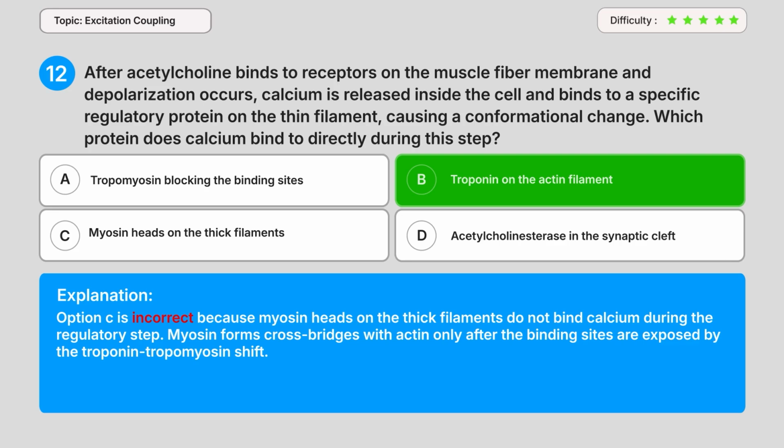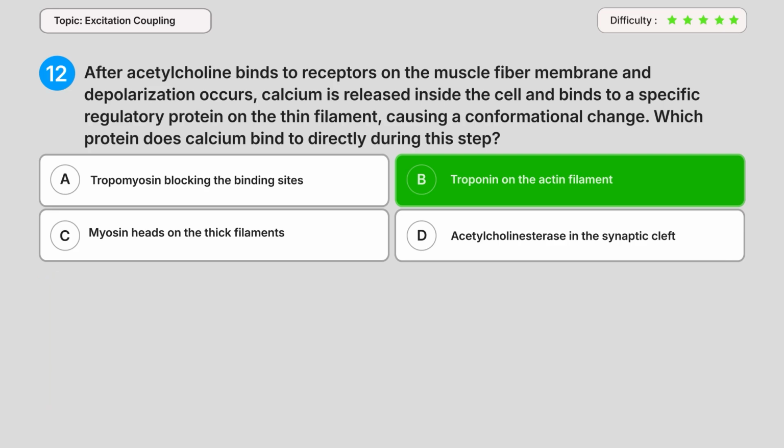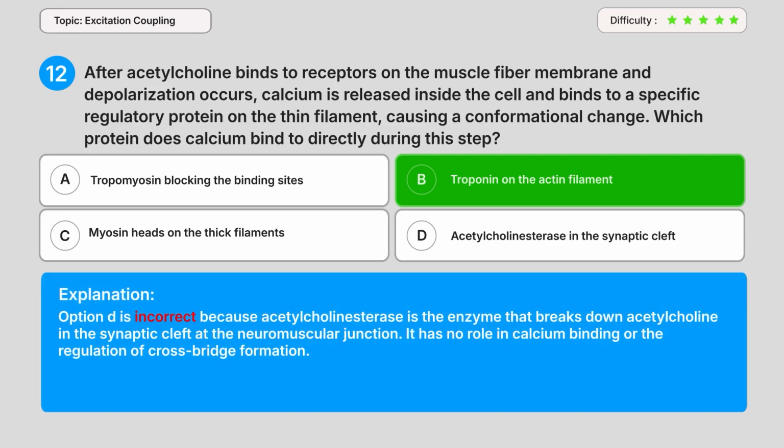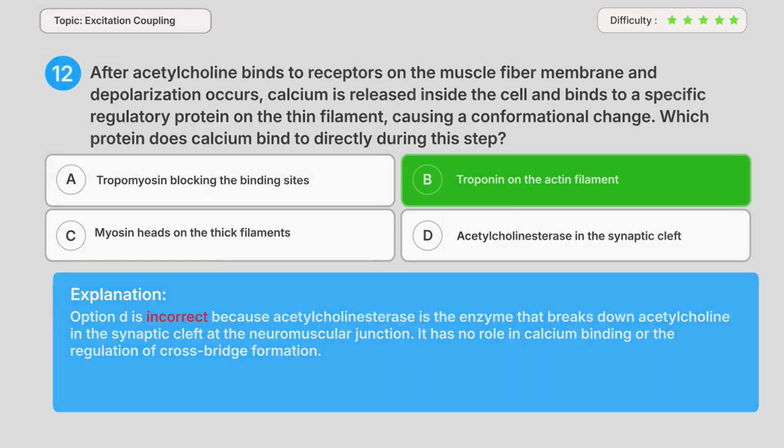Myosin forms cross bridges with actin only after the binding sites are exposed by the troponin-tropomyosin shift. Option D is incorrect because acetylcholinesterase is the enzyme that breaks down acetylcholine in the synaptic cleft at the neuromuscular junction. It has no role in calcium binding or the regulation of cross-bridge formation.